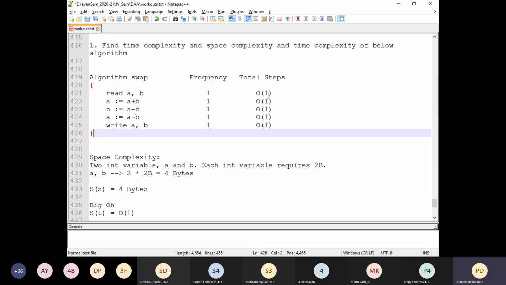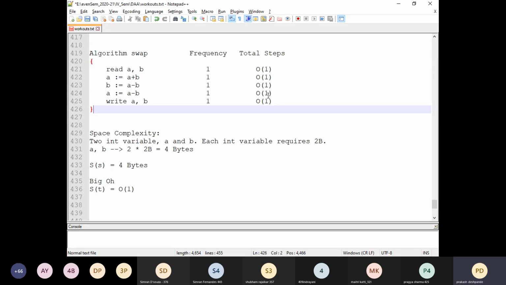It will be linear if we have a single for loop or a single while loop. If the algorithm has nested looping statements, then it may become quadratic or cubic. We will see those examples also here.